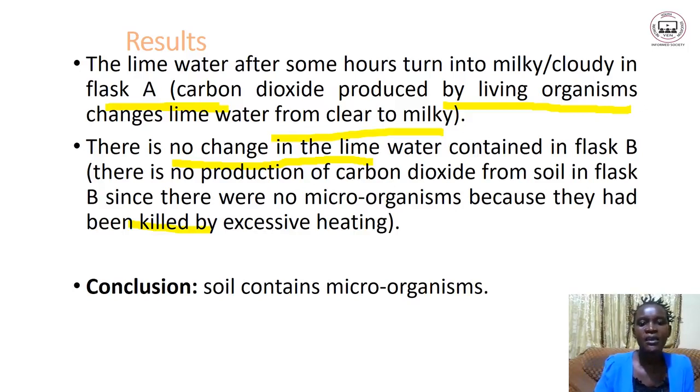So that's why there was no production of carbon dioxide. Therefore, no reaction took place between carbon dioxide and lime water. That's why the lime water did not change. It was still clear. So through this experiment, it clearly shows that soil contains microorganisms.